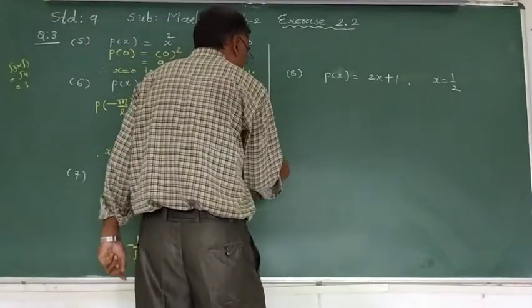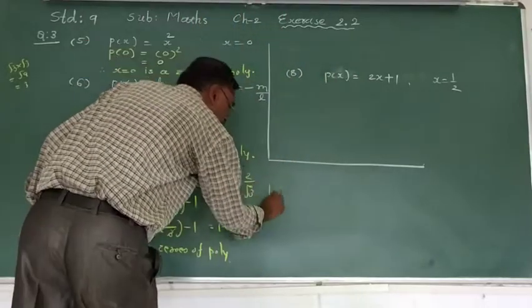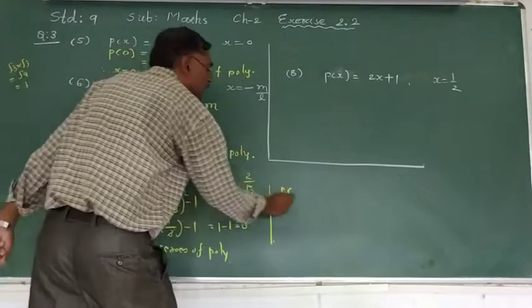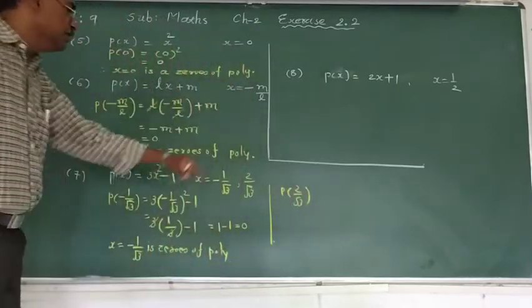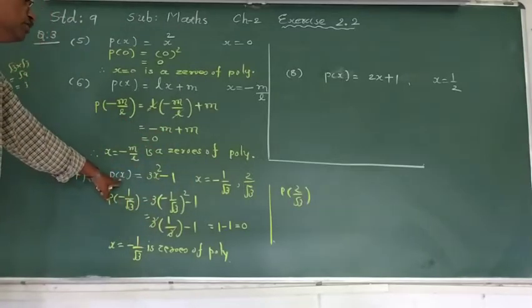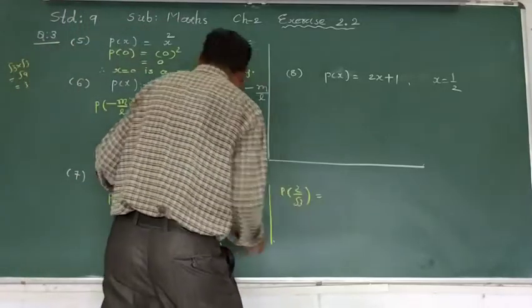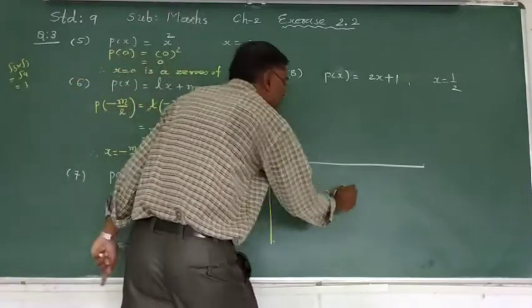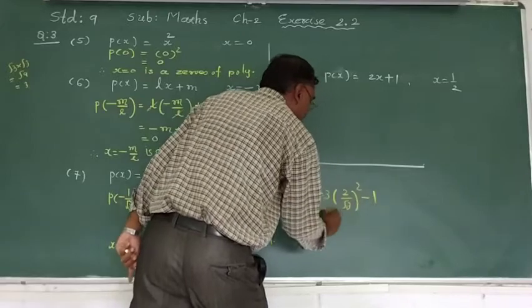Now p of 2 upon root 3. Put the value 2 upon root 3 in place of x. So we write 3x square, 2 upon root 3 square, minus 1.